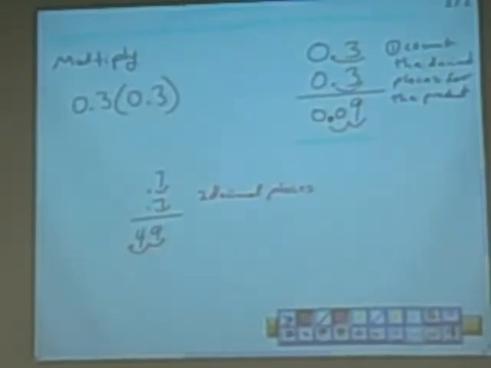When your answer has 2 digits in it, like this one does, you have to rely on going 2 decimal places. So that means our answer is 0.49. Okay?